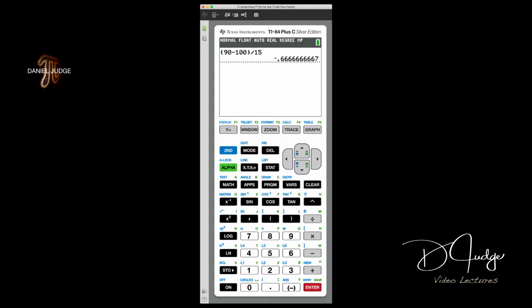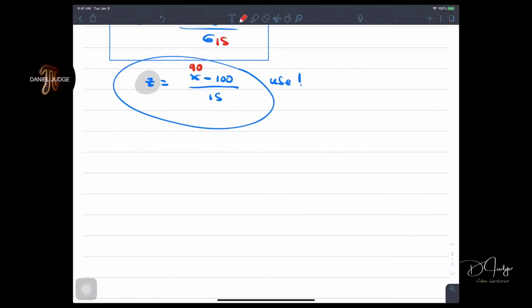Z values are always approximated to the nearest hundredths. Here's what you want to do. That's 0.6666667. The nearest hundredths is right here. You look at the digit to the right, and because it's a 6, we add 1 to the digit in the hundredths position.